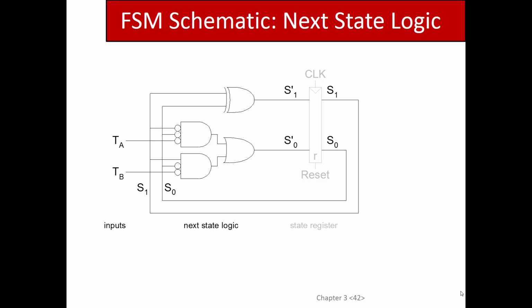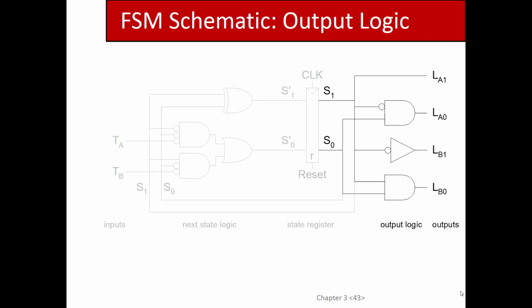So this XOR gate is calculating the next state bit 1, S prime 1. And then these 2 implicants that we put together, joined with an OR gate, calculate the next state bit 0, S prime 0, right? Make sense? OK.